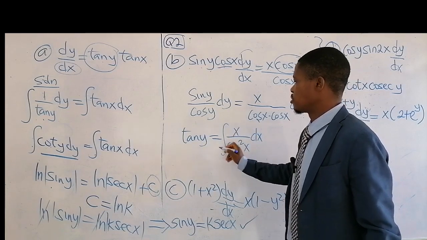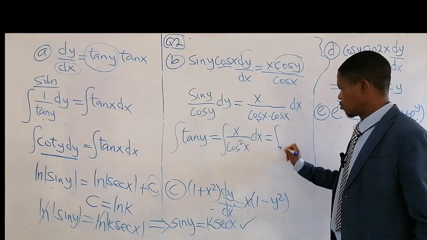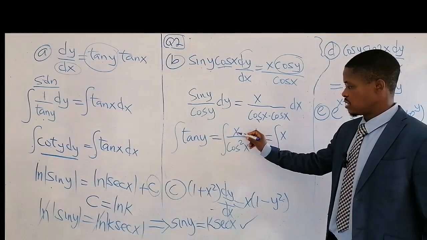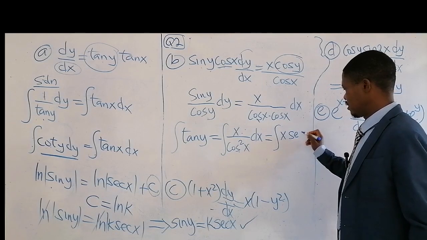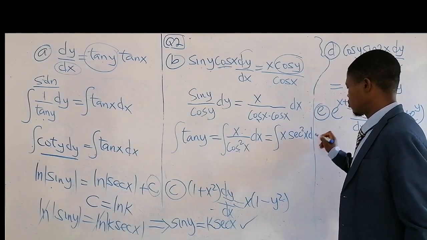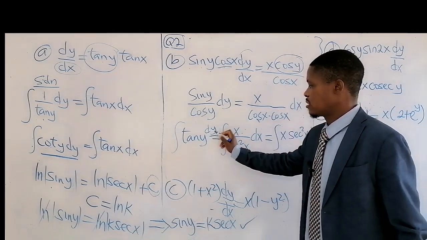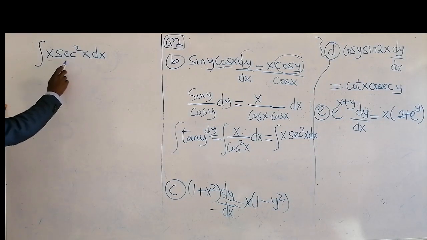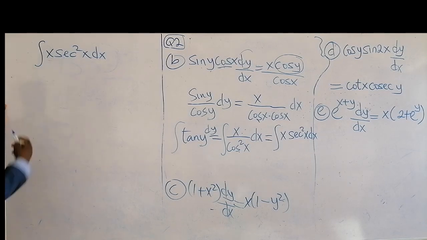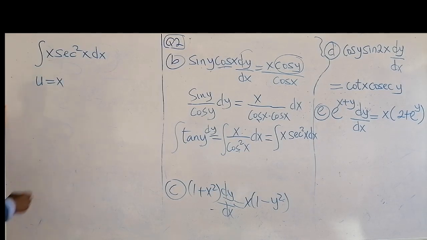So you can introduce integration to both sides of the equation. Don't forget that this one means x times 1 over cos squared x, which is sec squared x dx. Okay, don't forget your dy here. Tan y dy. The function on the right is a product of two items, so we're going to use integration by parts, where the differentiable function u is x.